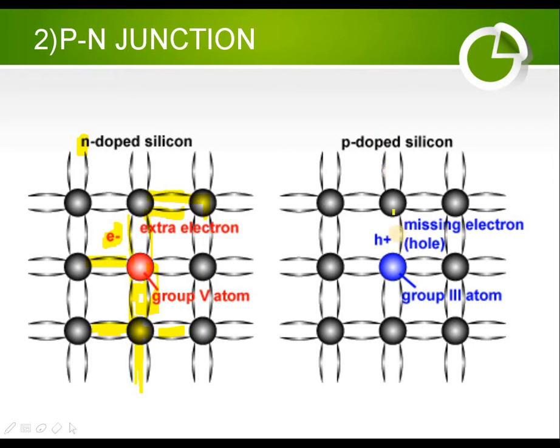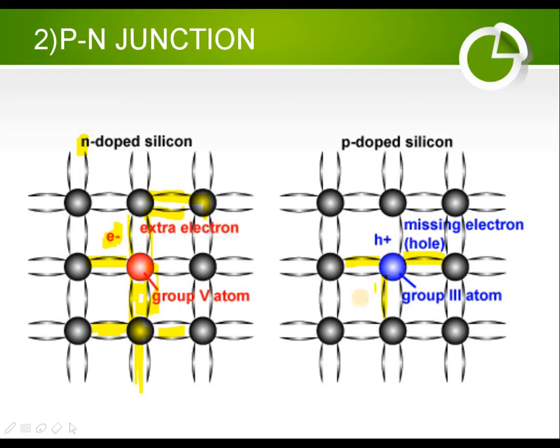Okay, p-type doping. Here we dope with impurities of an atom which has 3 valence electrons in its outermost shell. For example, you can see that this is the first electron, this is its second electron, busy with the second silicon atom, while this is the third electron of the blue atom.